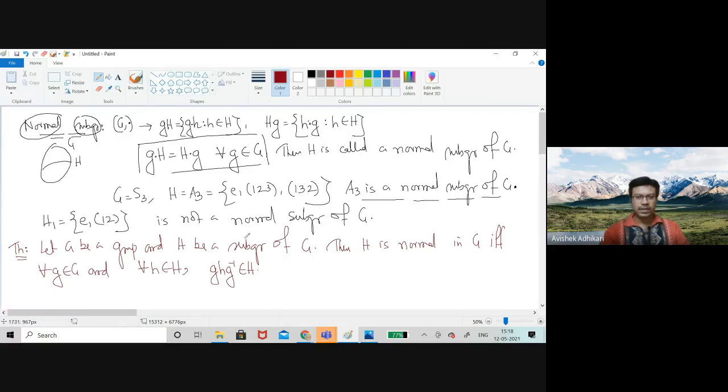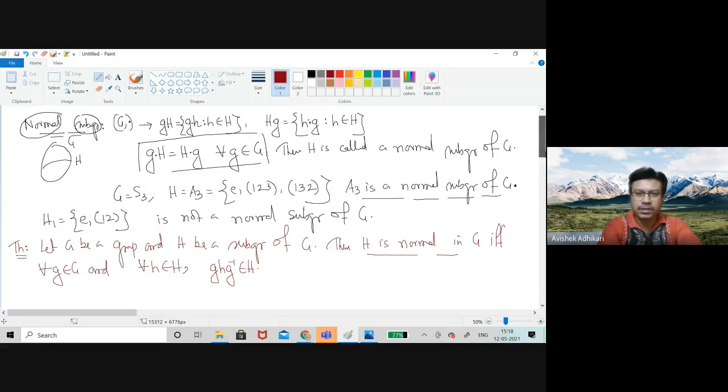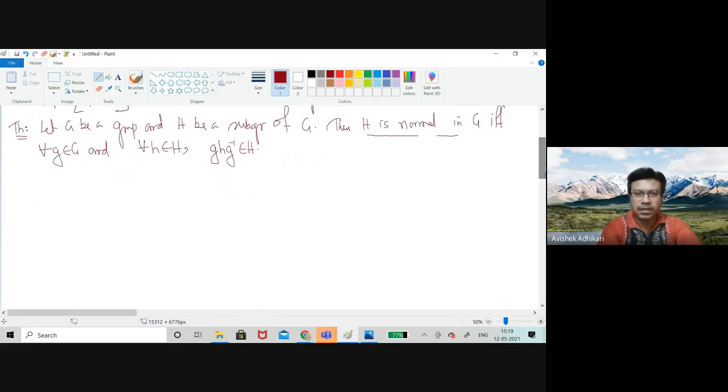What does it say? It says that H is a normal subgroup of G if and only if for all g. That means if you draw an image like this, G is a group and H is a subgroup. So that is given.